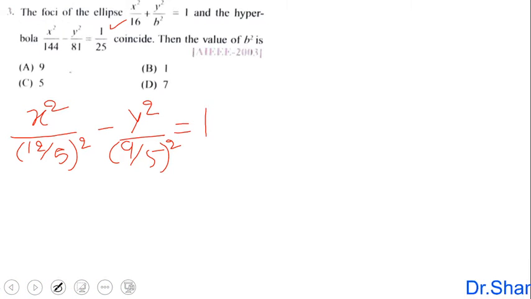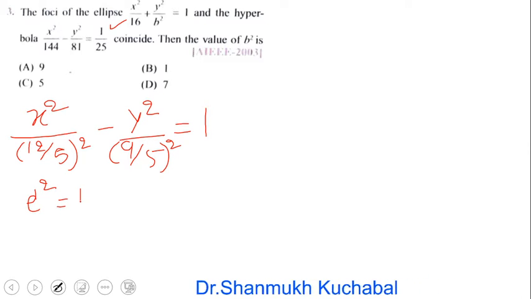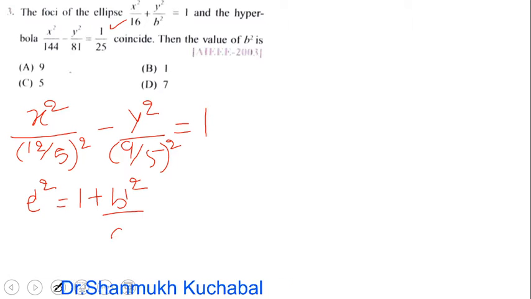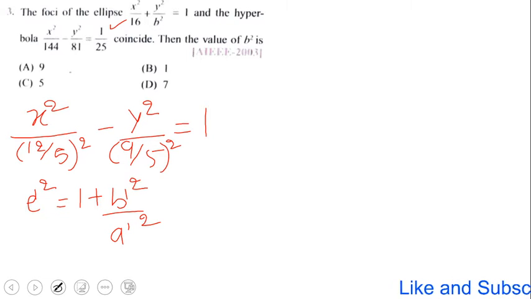So further we'll write the relationship between e, a and b. It is e dash square equal to 1 plus b dash square divided by a dash square here. This is the relationship between a, b and e in the case of a hyperbola. In the case of an ellipse we take it as negative, but here we have to take it as positive. Remember this, very simple.